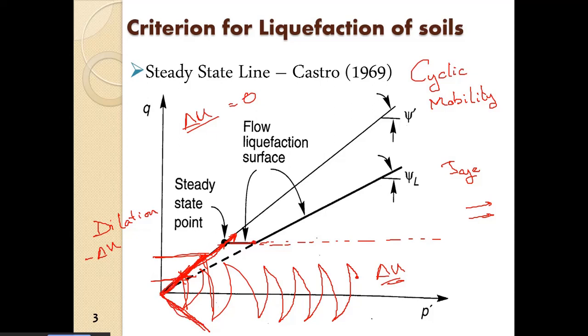So you can see that it moves to this point and again to the other side, again it comes to this point, again to the other side. So this is a point where the effective stresses are 0.